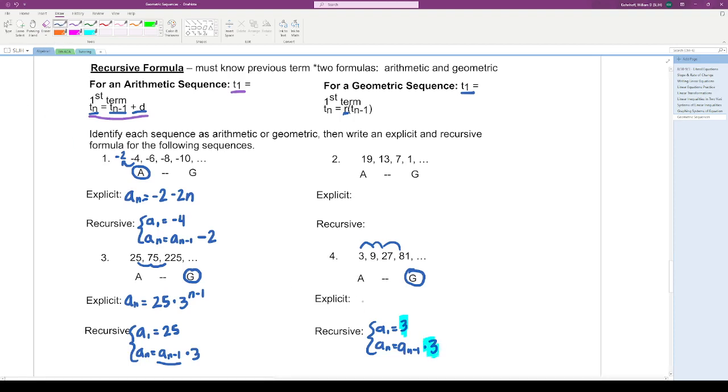So to write the explicit formula, we always put an equals term 1, which is 3, times, since this is geometric, we're advancing by multiplying, and then our common ratio, which is 3, raised to the n minus 1 power. So that's how we change recursive into explicit, is by taking term 1 and the common ratio and just plugging them in here. The rest of what's around it is always the same.